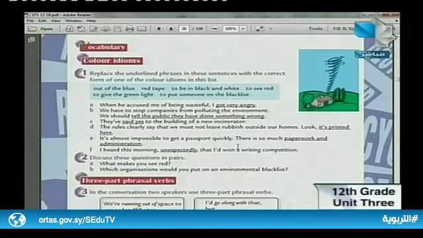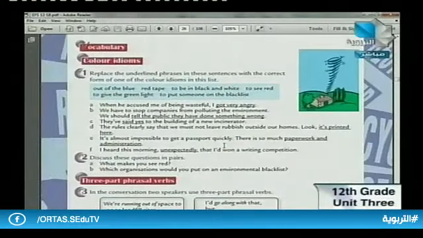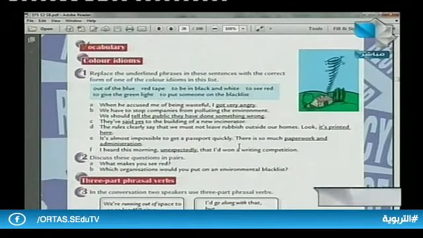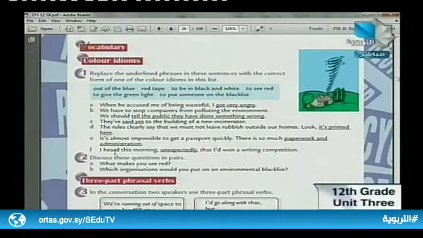A lot of routine. Yes, of course, that is the meaning of the expression. So a lot of papers, a lot of things. That's why we say there is so much paperwork and administration. So here we have to use this "red tape." There is so much red tape. Pay attention, no verb is used here, just the noun.